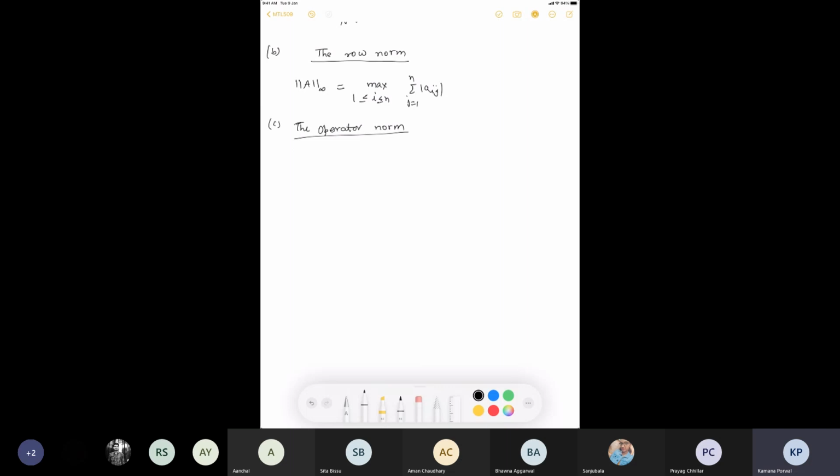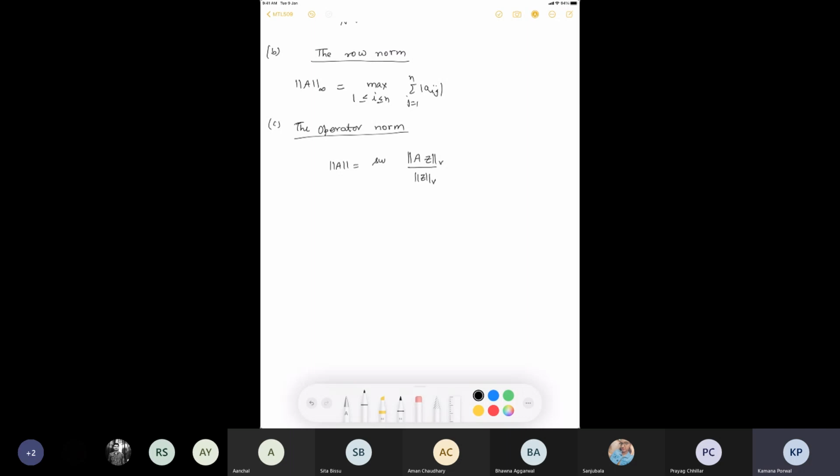So how do we define the operator norm for matrices? It is defined as the norm of A. This is going to be, so I'm going to take any vector z. Okay, so I'm going to consider the product Az. So Az is a vector, right? So I'm going to use the vector norm for this. And then I'm going to divide it by the vector norm of z.